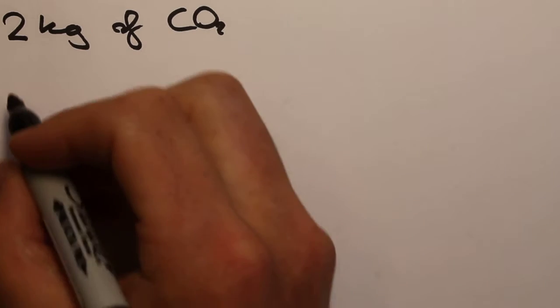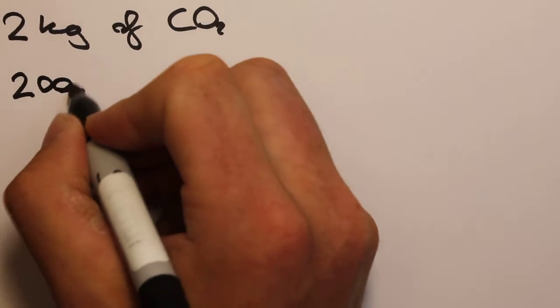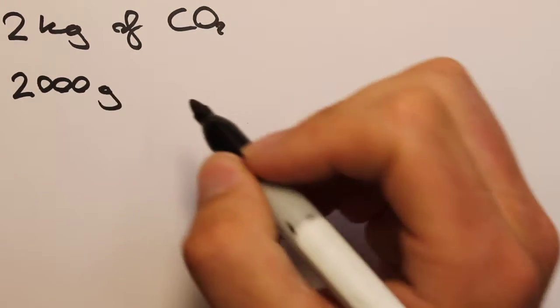For example, the molecular weight of a molecule is given in grams per mole. So we need to change this to grams. There are 1,000 grams in a kilogram, so this means there's 2,000 grams in 2 kilograms. Now we have our mass of our CO2.